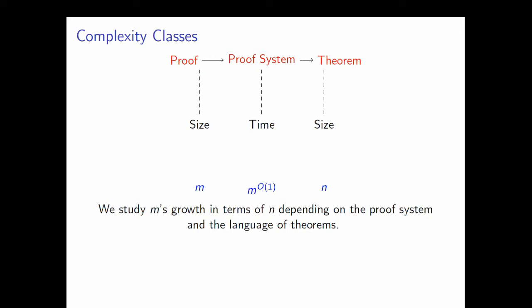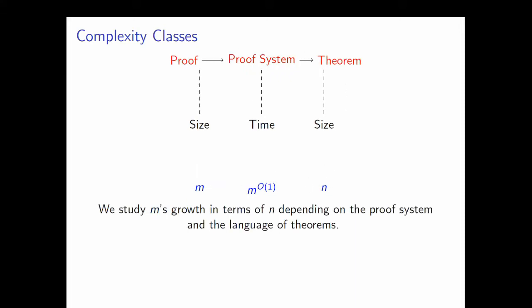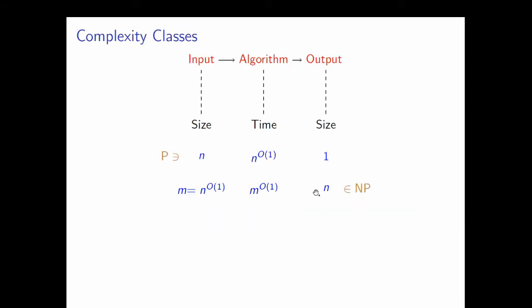So here, all we've done is take what we had before, this framework for NP, but now, since we're not just talking about NP things, we relax the idea of this proof. It doesn't have to be polynomially bounded in the size of the theorem. And this motivates proof complexity. So proof complexity is now studying m's growth in terms of n. Before, when n was a theorem in some NP language, m's growth was polynomial.